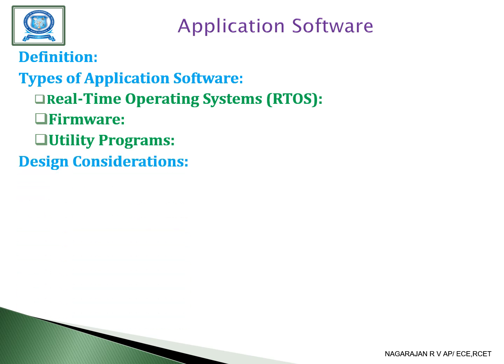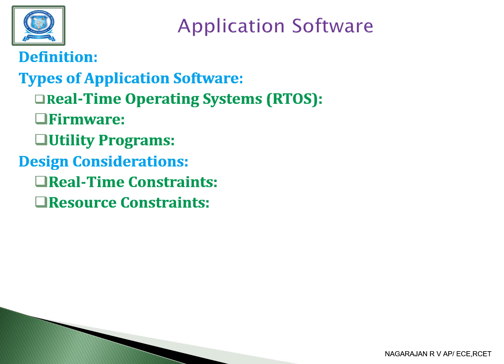Now let us consider the design considerations of application software. First, real-time constraints. Application software must meet timing constraints, ensuring that critical tasks are executed within specific time limits. The next consideration is resource constraints.